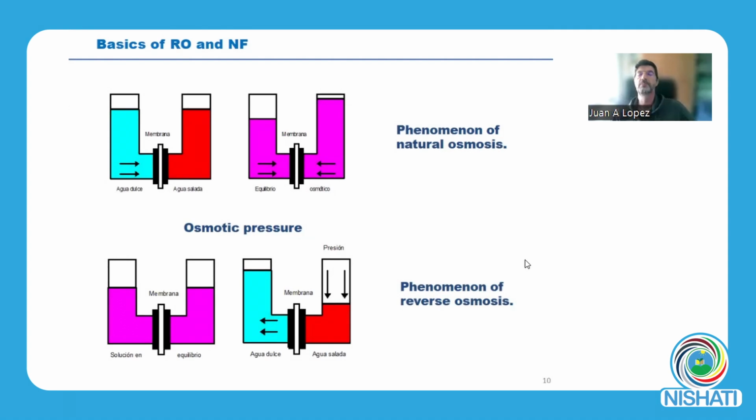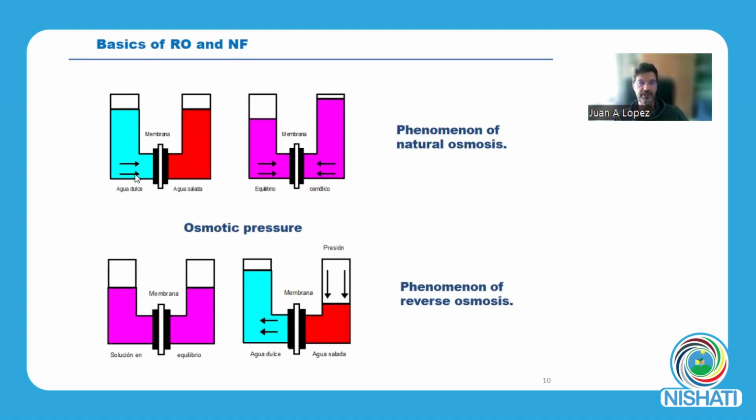Something very important when we are treating with desalination, not so important in nanofiltration, but also important, is the phenomenon of natural osmosis. If we look at this picture on the left, here we have two chambers containing water. This is fresh water, and this is salty water.